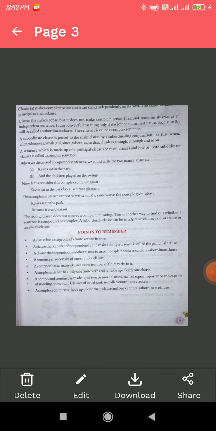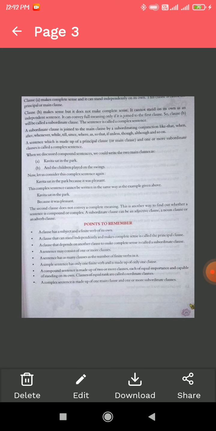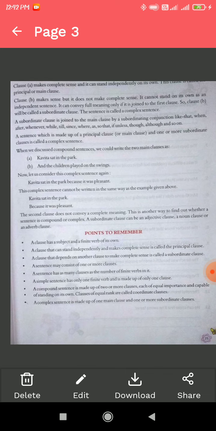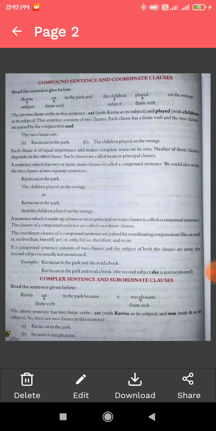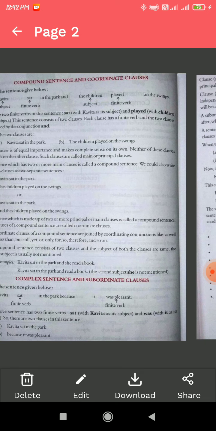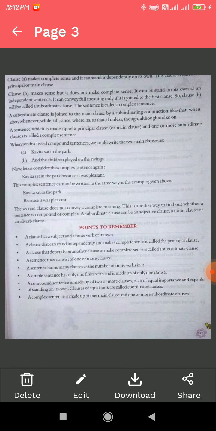So see the second line. Clause A makes complete sense and can stand independently on its own. This clause is called the principal or main clause. As you can see, clause A makes complete sense and stands independently.